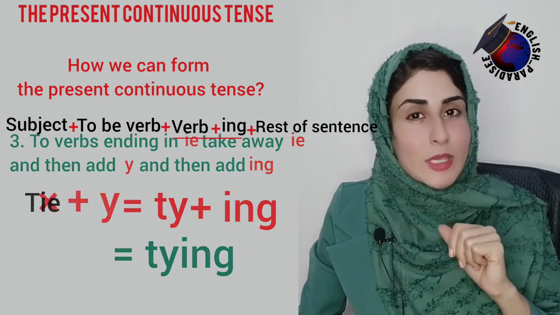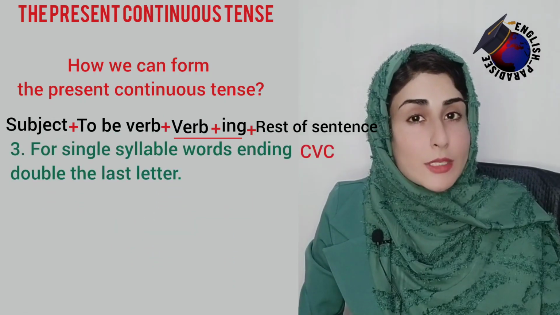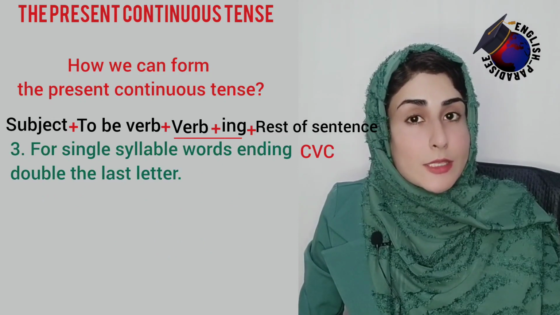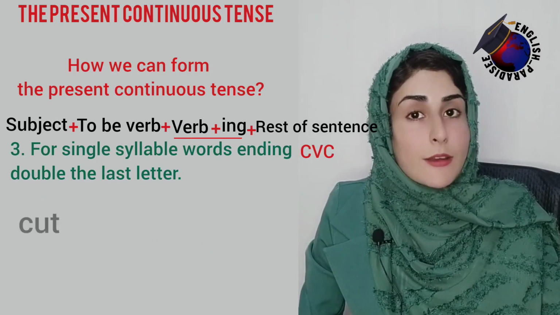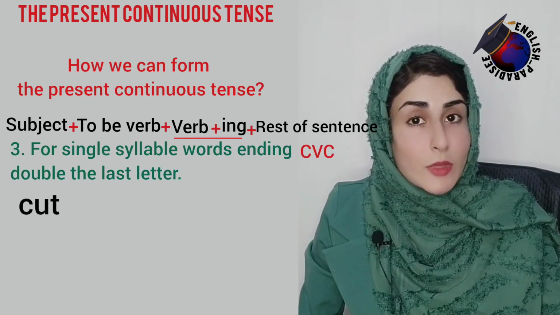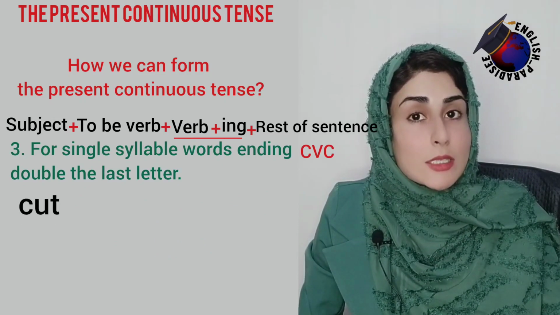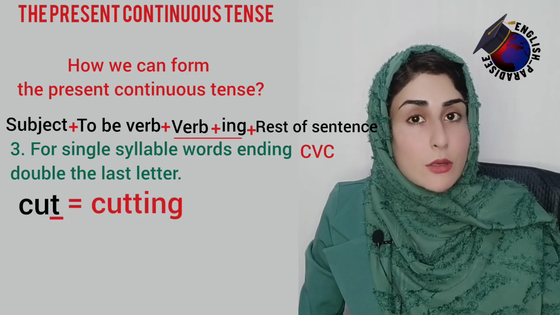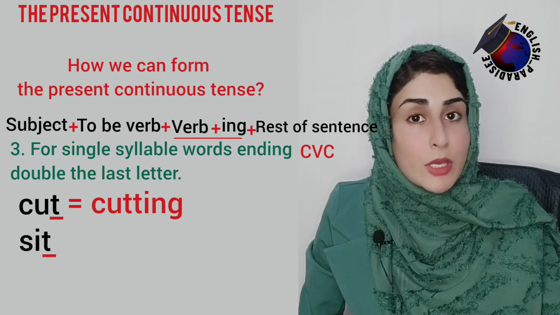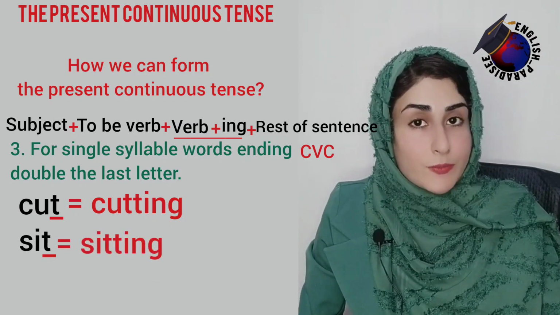Okay? For single syllable words ending in CVC, double the final letter. For example, in verb cut, okay, double the T letter. It becomes cutting. Or in verb sit, double T letter and it becomes sitting.